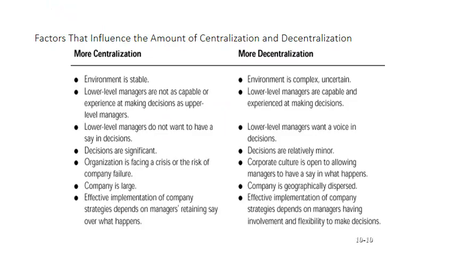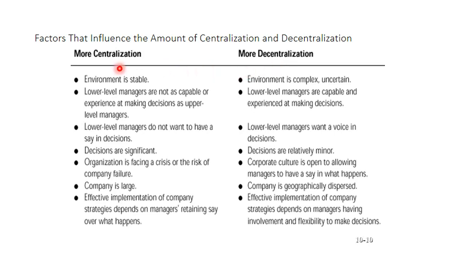Now let's discuss the factors that influence the centralization and decentralization amount in the organization. On the left side we have the factors for a more centralized organization, while on the right side we have the factors for a more decentralized organization.